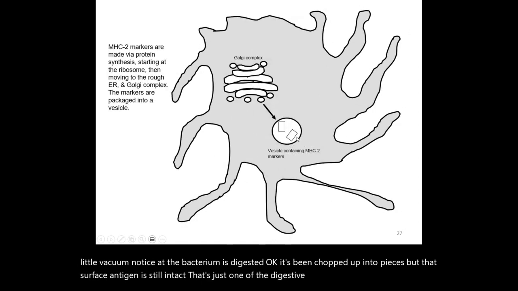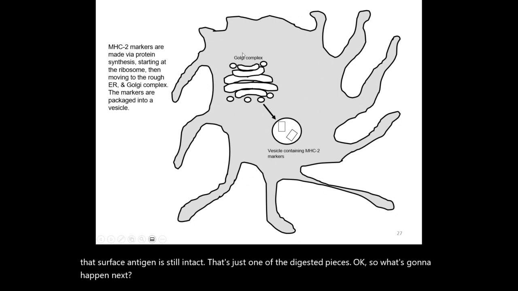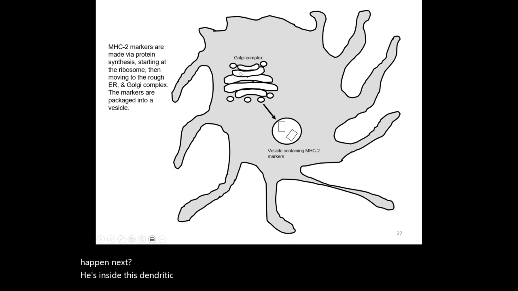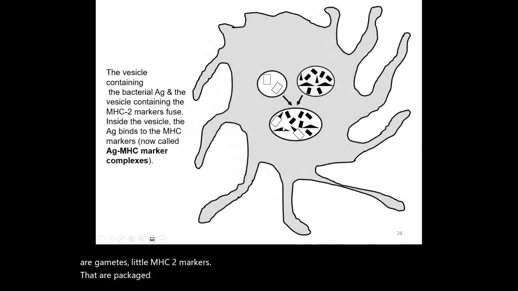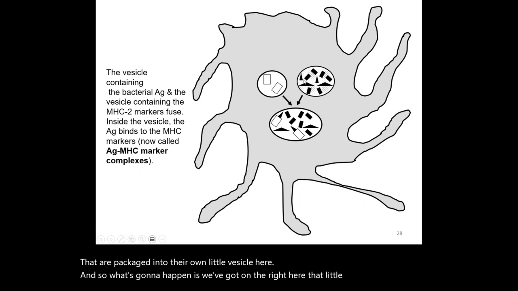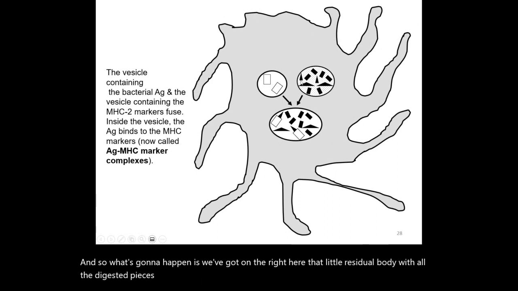What's going to happen next is inside this dendritic cell, which has a little Golgi here, coming from the ER and the Golgi are these little MHC2 markers that are packaged into their own little vesicle. On the right here we've got that little residual body with all the digested pieces, including the antigen, the triangle.